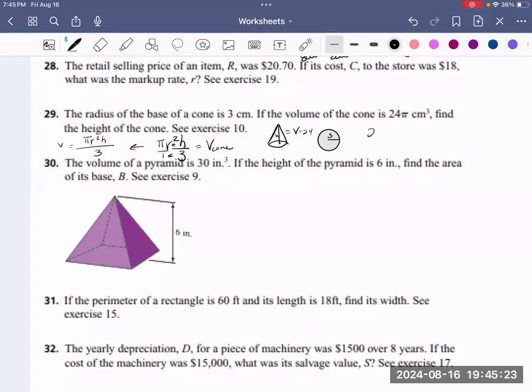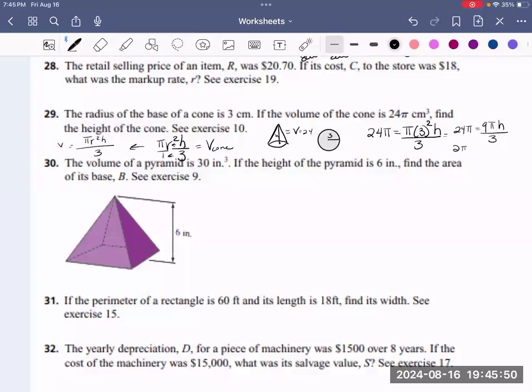volume. So volume, 24 pi, is equal to pi r, your radius 3 squared. We don't know your h, and it's being divided by 3. So we have 24 pi is equal to pi times 9, or 9 pi, h over 3.